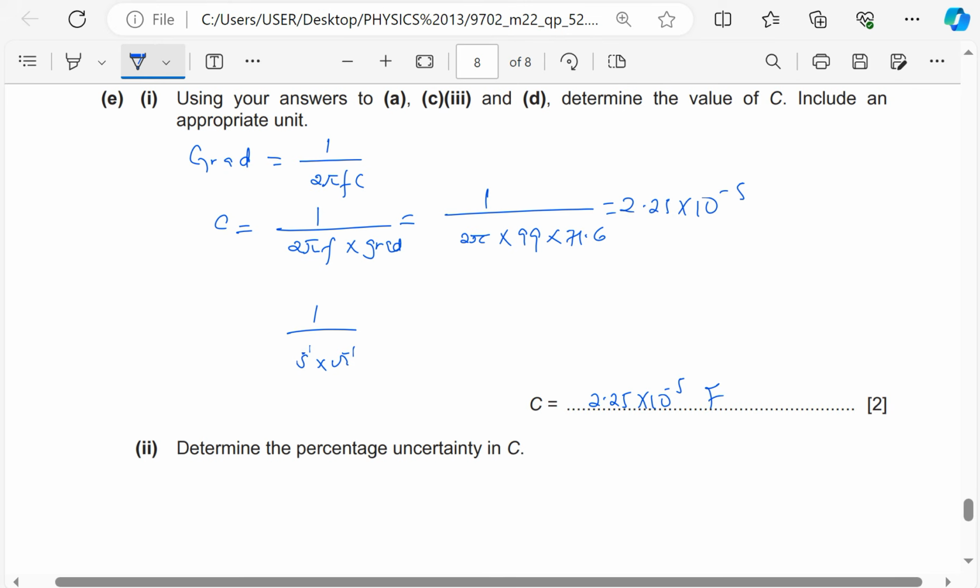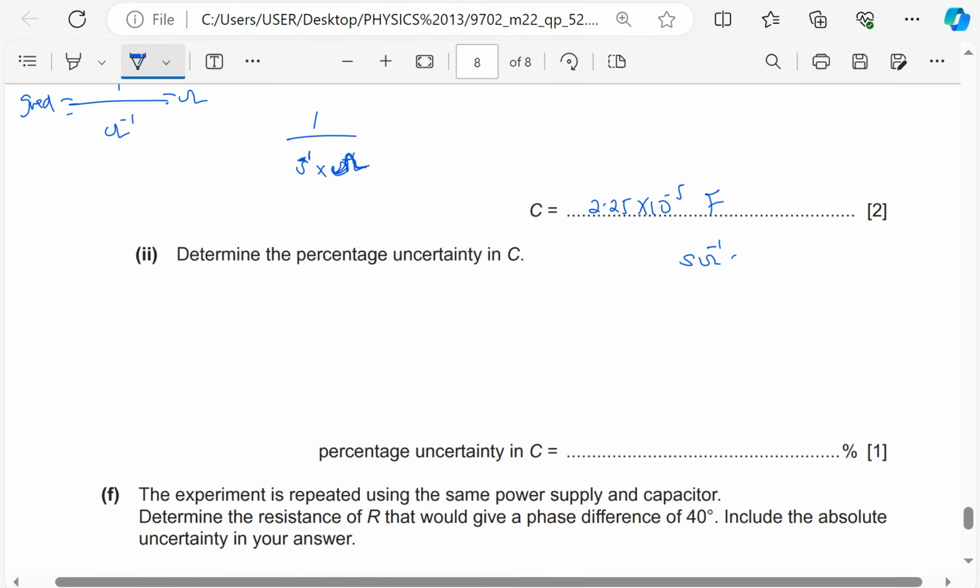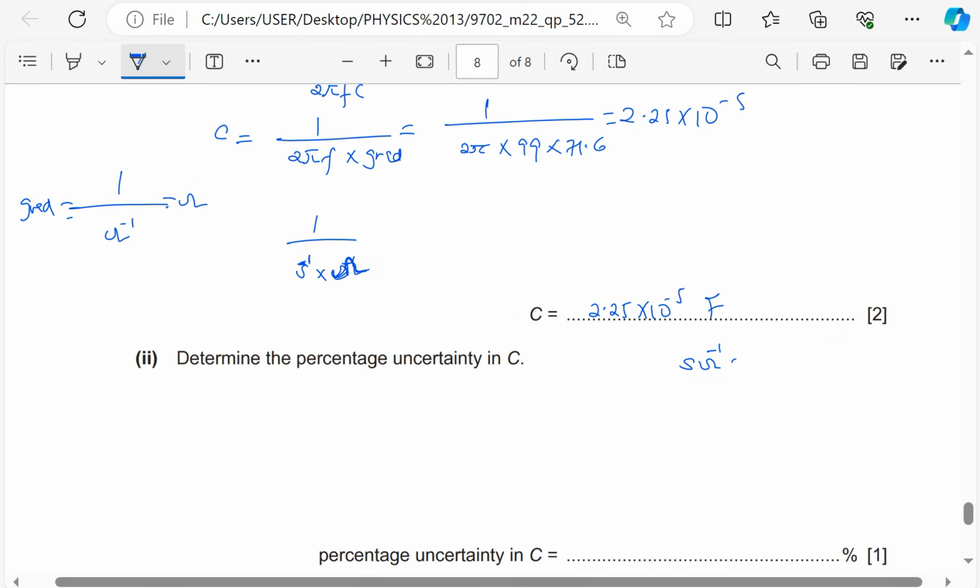Let me check. On the vertical we have no unit, on the x-axis we have per ohm. So it means the gradient has units of ohms. So the other unit could be seconds per ohm, because gradient alone has units of ohm, then 1 over per second for frequency, then times ohms for gradient becomes seconds per ohm.